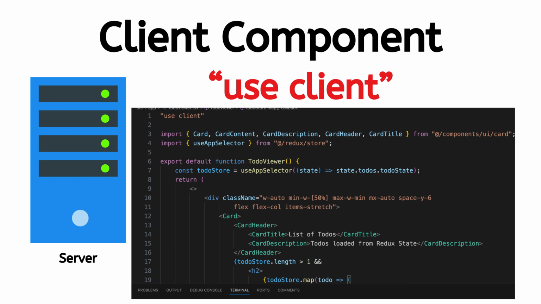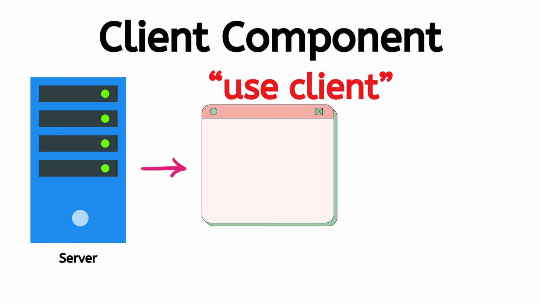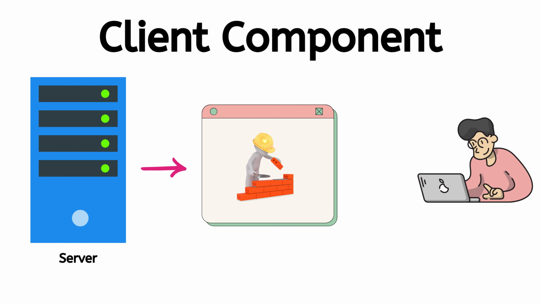Okay, so to understand what is a client component, client components are the web pages that are pre-rendered on the server during the build time, and they will be directly served to the user on the web browser when they request it. Once the user navigates to that particular page for the first time, the content won't change in subsequent requests to that specific page.